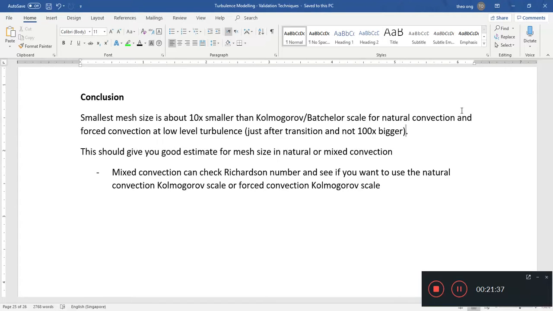So we see that this is actually a very reasonable mesh size estimate. It should give you a good ballpark figure for your mesh sizing, and it's a very quick way. You just calculate the Kolmogorov or Batchelor scale, just divide by 10, and that is your smallest mesh size. So that should help you get started with meshing for turbulence modeling.